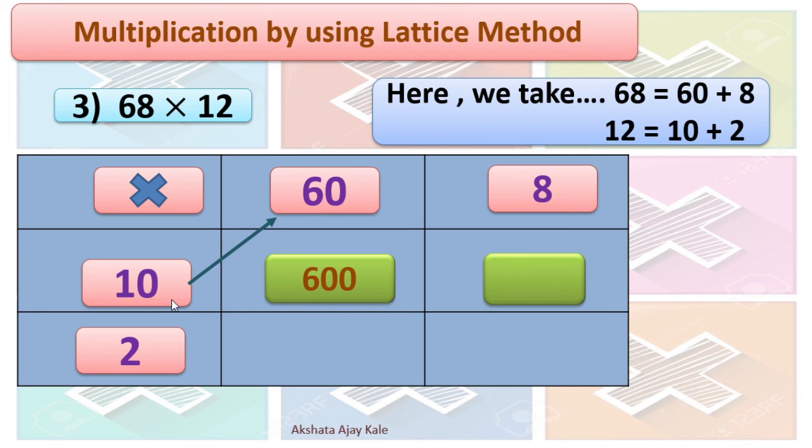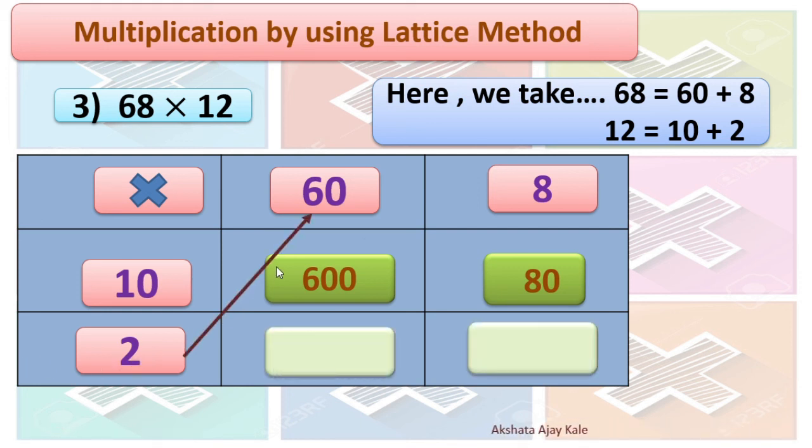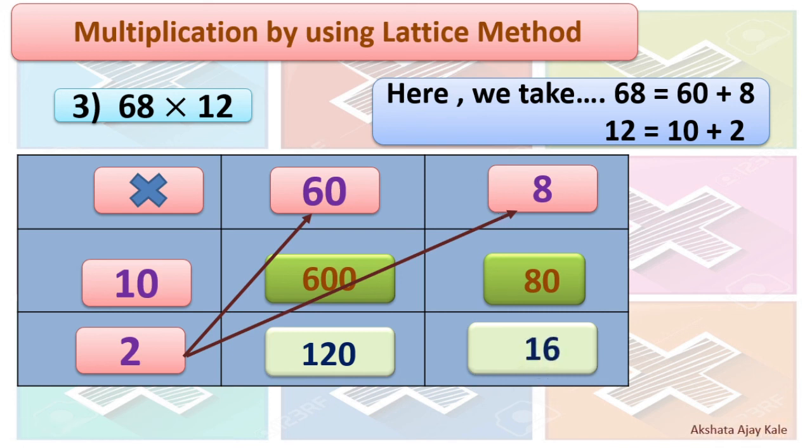Now we will multiply 10 by 8. 10 eights are 80. Very good. Now we will move towards 2 now. 2 multiplied by 60. 6 twos are 12 and 1 zero, so 120. Now 2 eights are, 2 eights are how much? 16, correct?